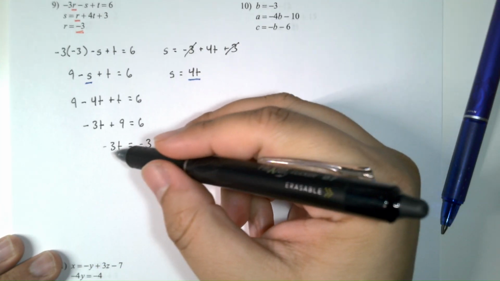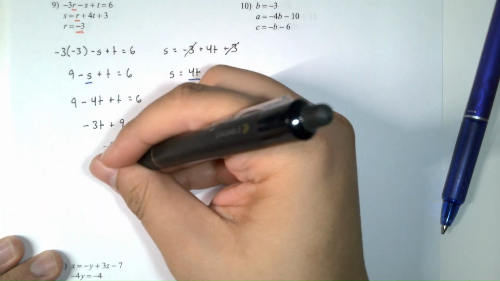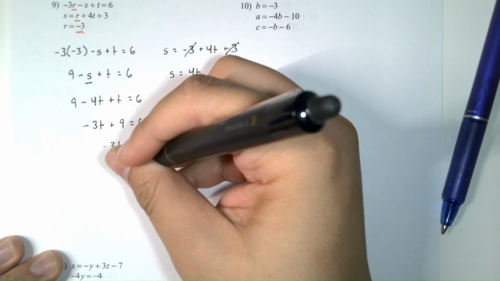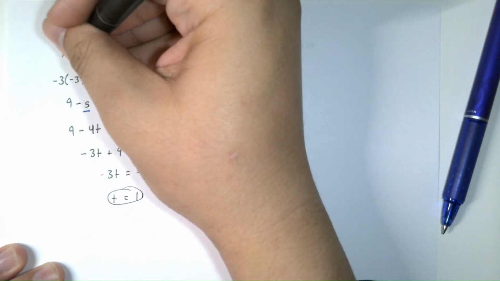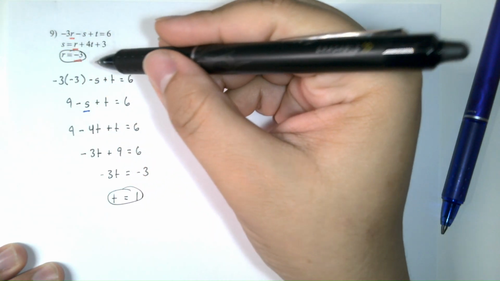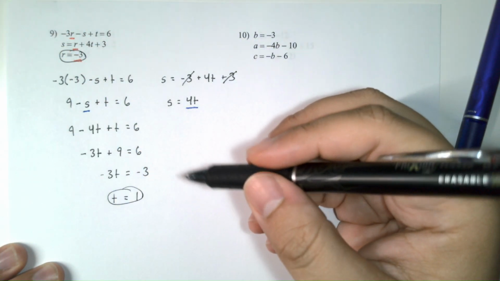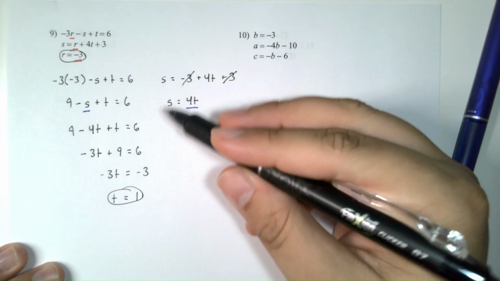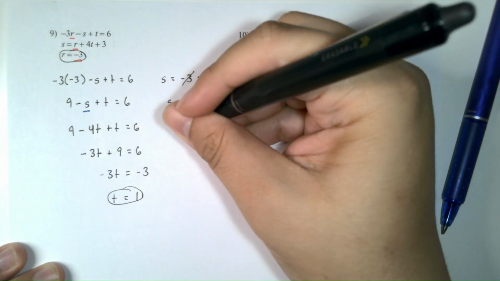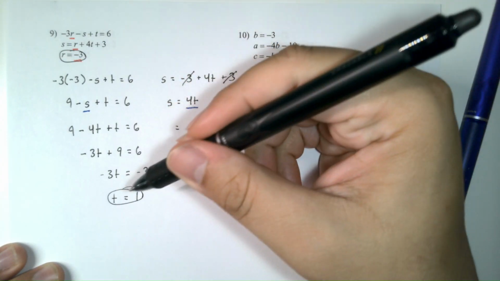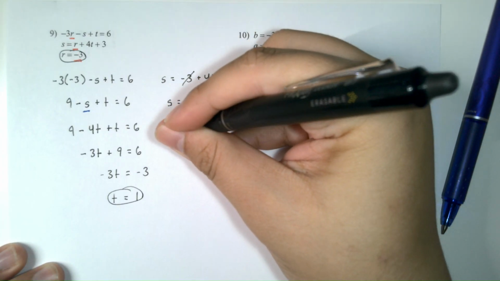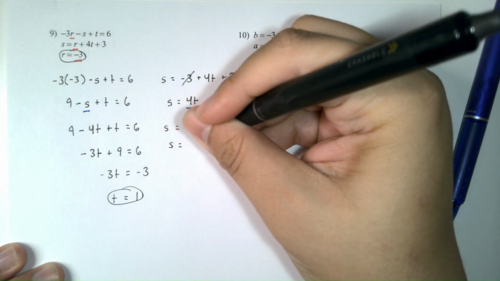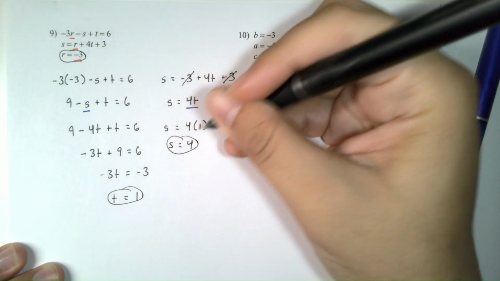We get t by itself by dividing by -3, and that's going to give us t is equal to +1. So we know that t is equal to +1. We know that r is equal to -3. Now all we have to do is find s. And so we can use this equation over here. We know that s is equal to 4t, and since t is equal to 1, we have 4 times 1, which means that s is equal to 4.